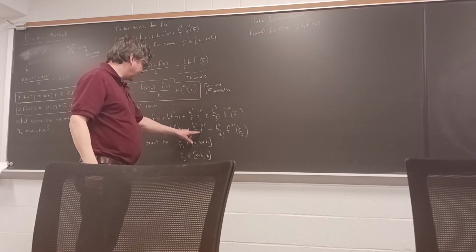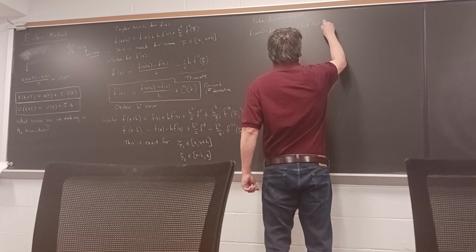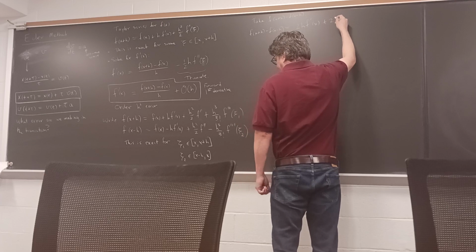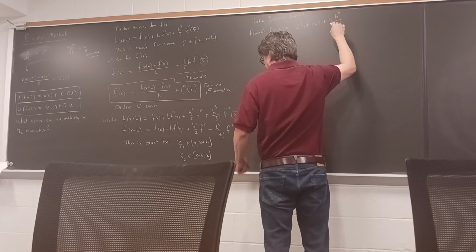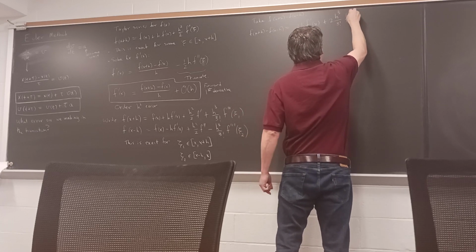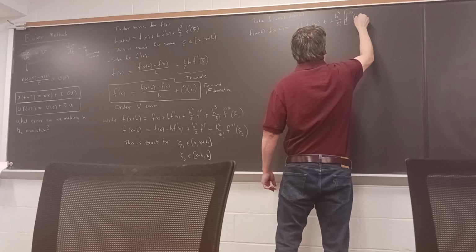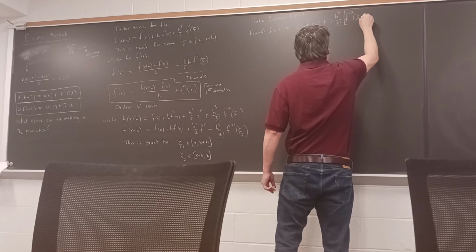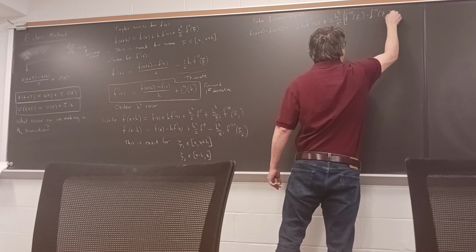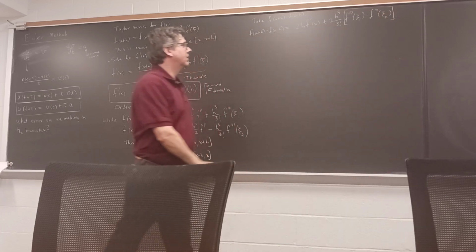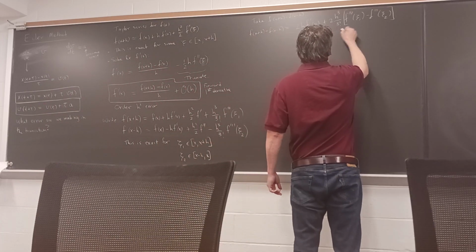I'll subtract off my squares, so these terms will cancel, and then I'll have plus 2 times h cubed over 3 factorial, and then we'll have f triple prime of zeta 1 minus f triple prime of zeta 2. Okay? So this is the actual error term.